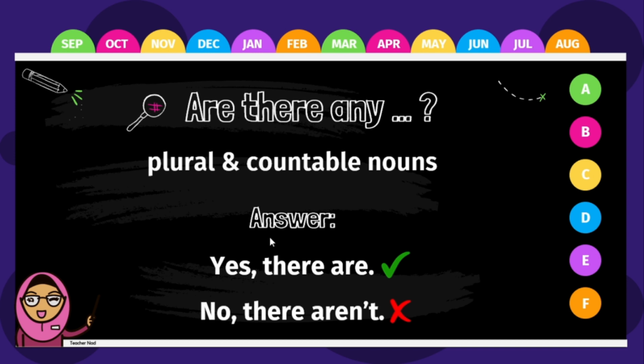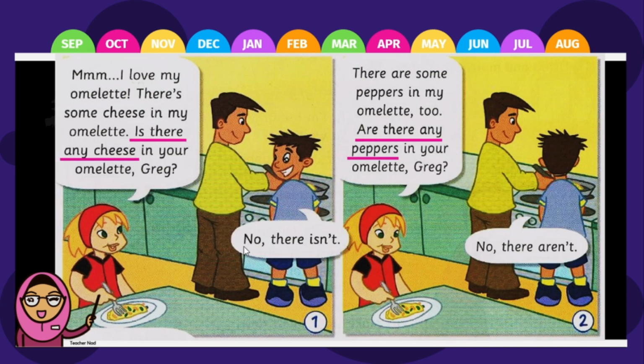Okay, sama sahaja dengan is there any tadi. Jawapan dia kalau benda tu ada, yes, they are. No, they aren't. Alright. Are here, jawapan pun kena are. Are here, jawapan pun kena aren't. Alright. Okay, in the text that we have read together just now, ada contoh kat situ.